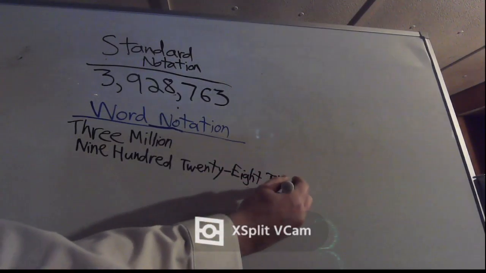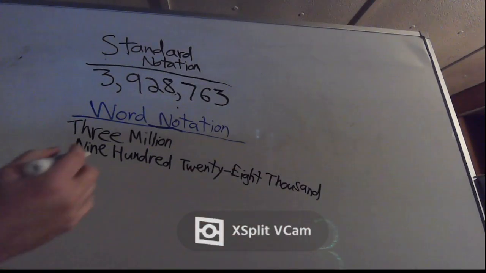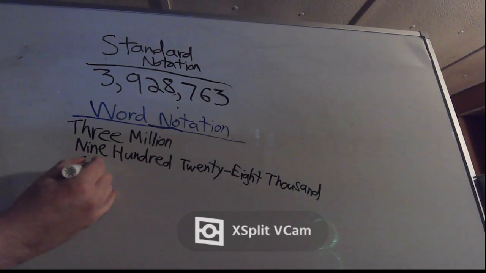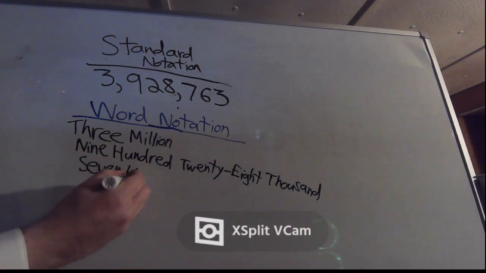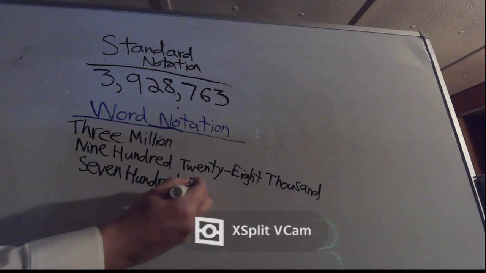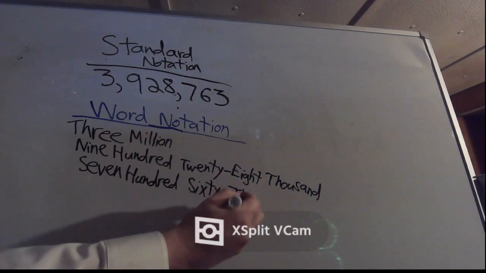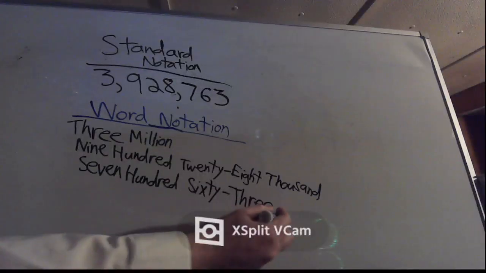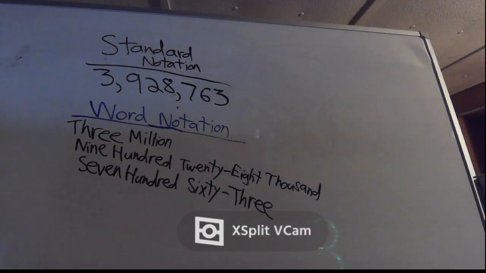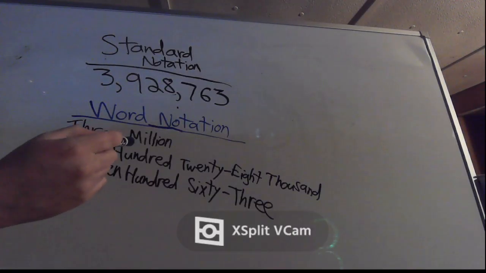3,928,000 700, all separate words, 763. Now, if you're ever very fortunate and get to collect a check for this much money, and I hope you are, that's what you will find near the pay to the order.